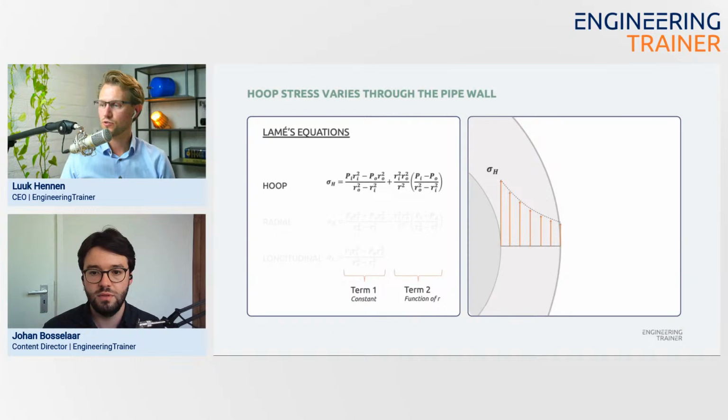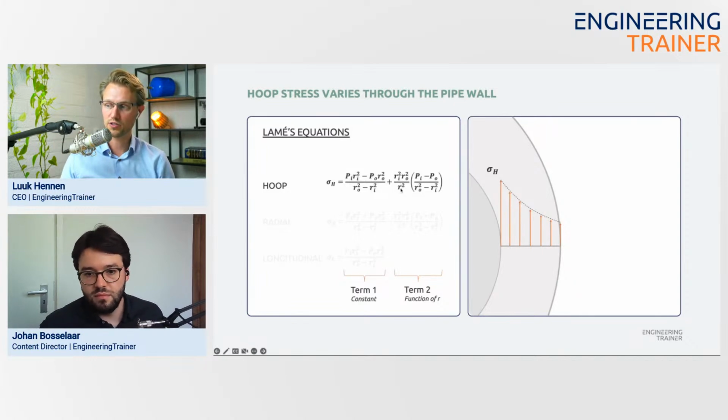So for the hoop stress, we have a high hoop stress at the inner radius, and then once we progress through the wall thickness, the stress drops with a curve related to 1 divided by r squared.